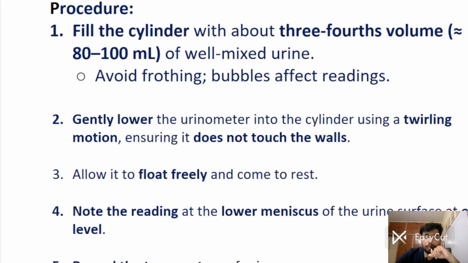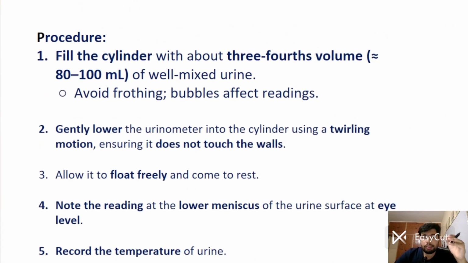See this. You have to take 80 to 100 ml, that is 3/4 volume, of well mixed urine. Why well mixed? You have to avoid air bubbles and frothing to avoid misleading readings. Gently lower the urinometer into it.